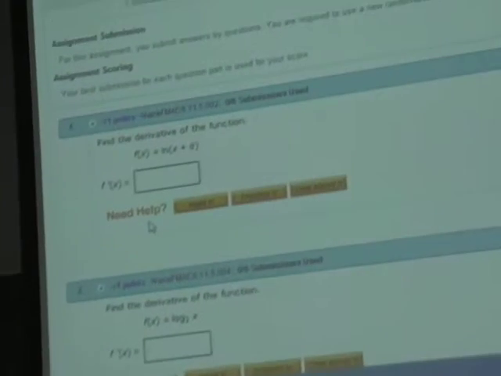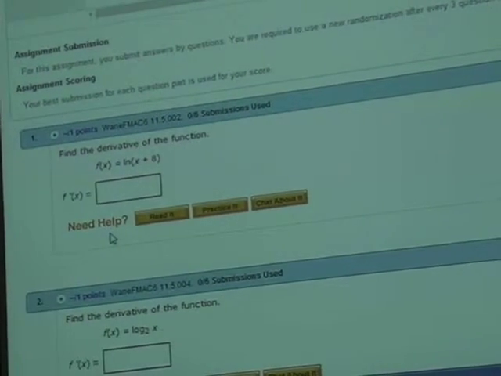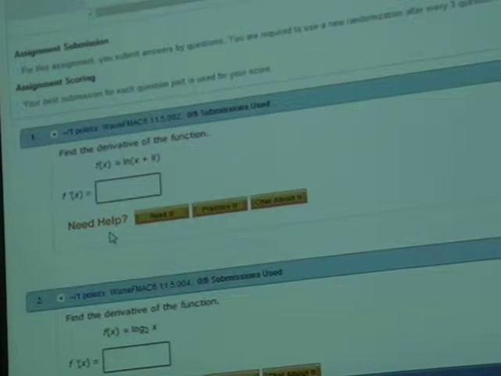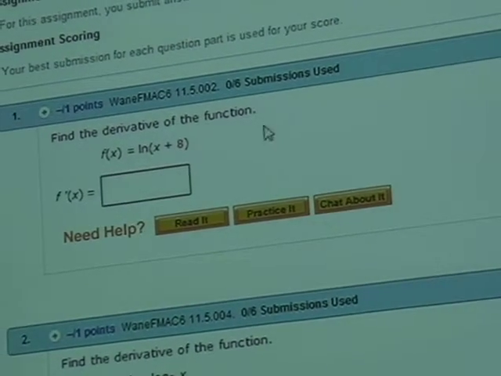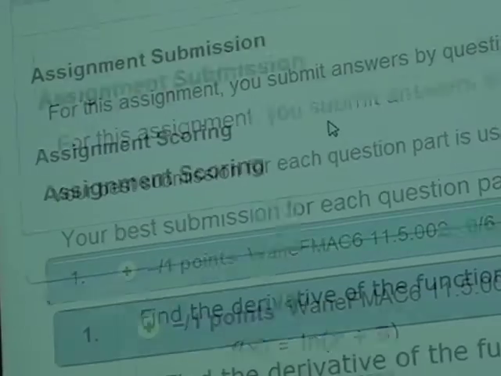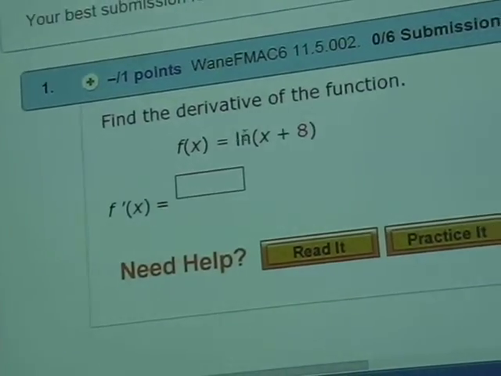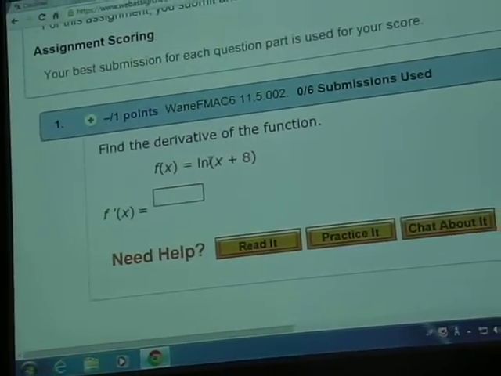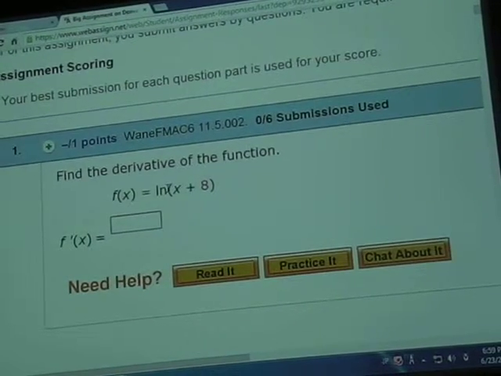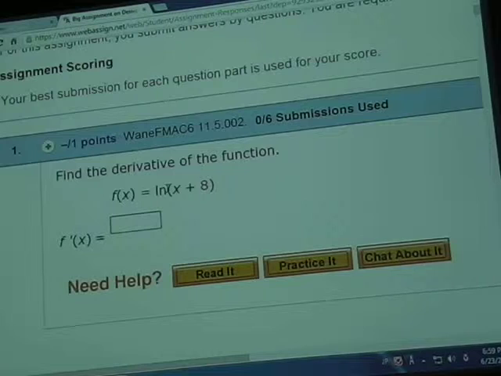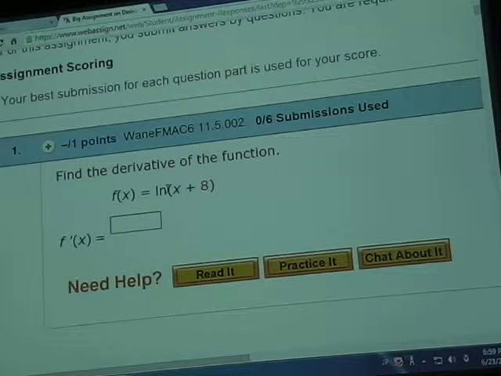Why don't you all try to do it yourself first and see what you get. So this one here: find the derivative of ln of x plus 8. And I'll give you a hint.